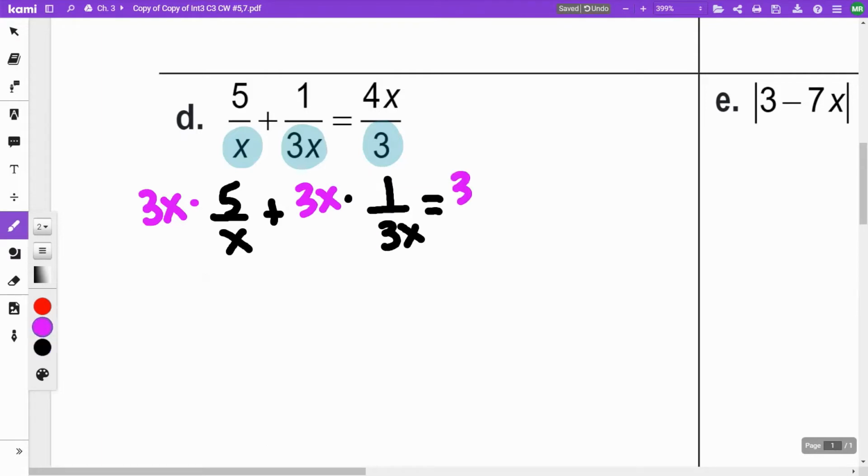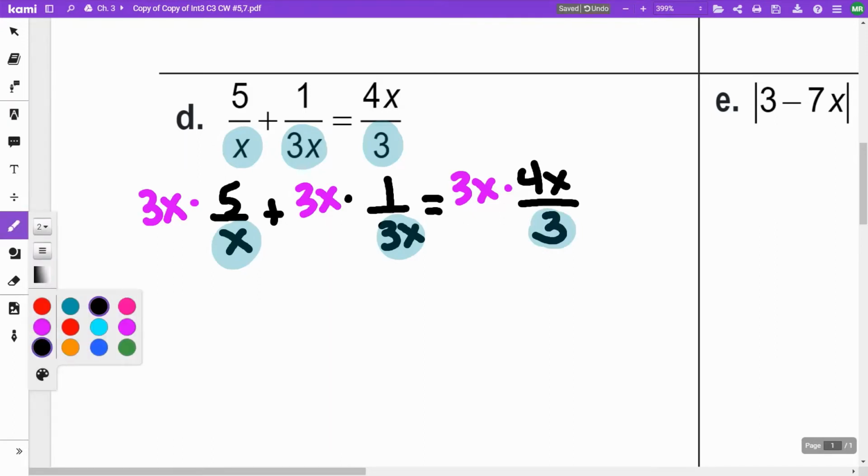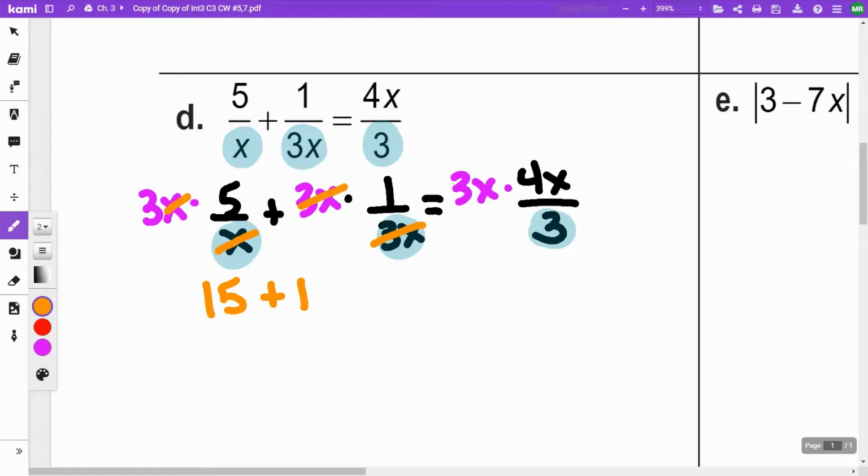And then 3x times 4x over 3. Now, hopefully, each one of these denominators, the x, the 3x, and the 3 will cancel with that 3x. So x goes into 3x, and I'm left with 3, so I get a 15. 3x cancels with 3x, and I get a 1. 3 cancels with 3, and I get a 4x squared.